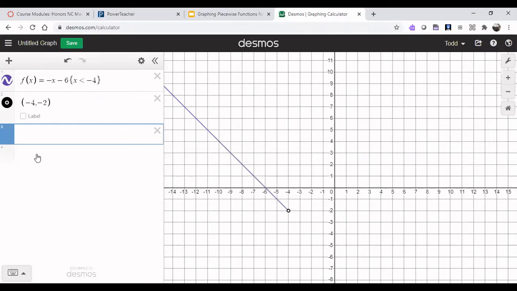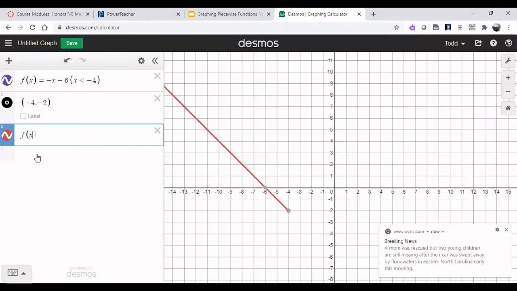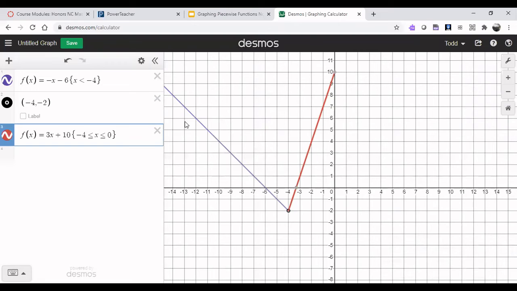So the next one, f of x equals 3x plus 10, and type it just like it looks, -4 less than or equal to x less than or equal to 0. So it is definitely continuous, right?